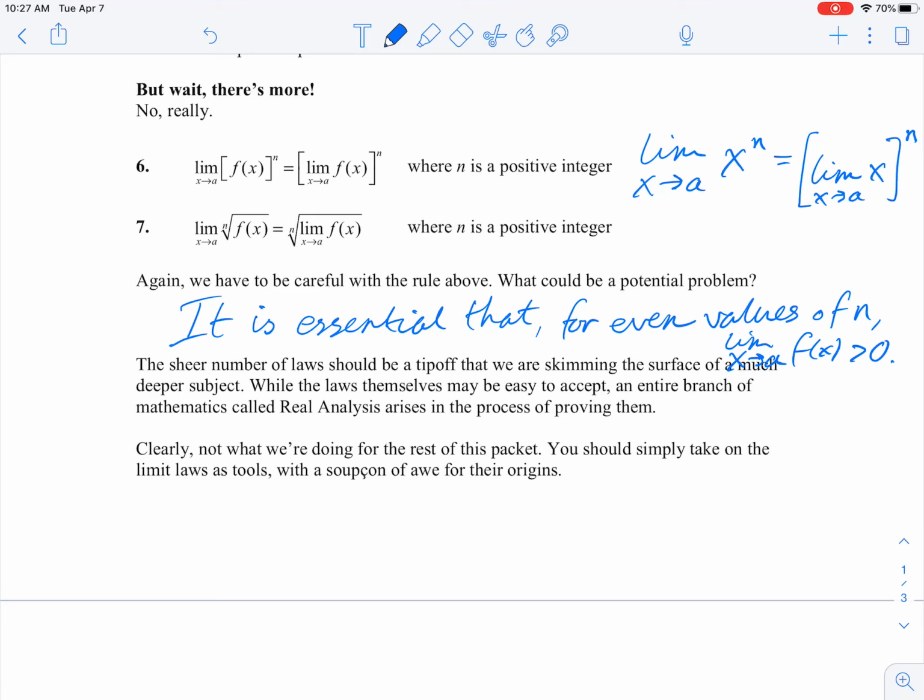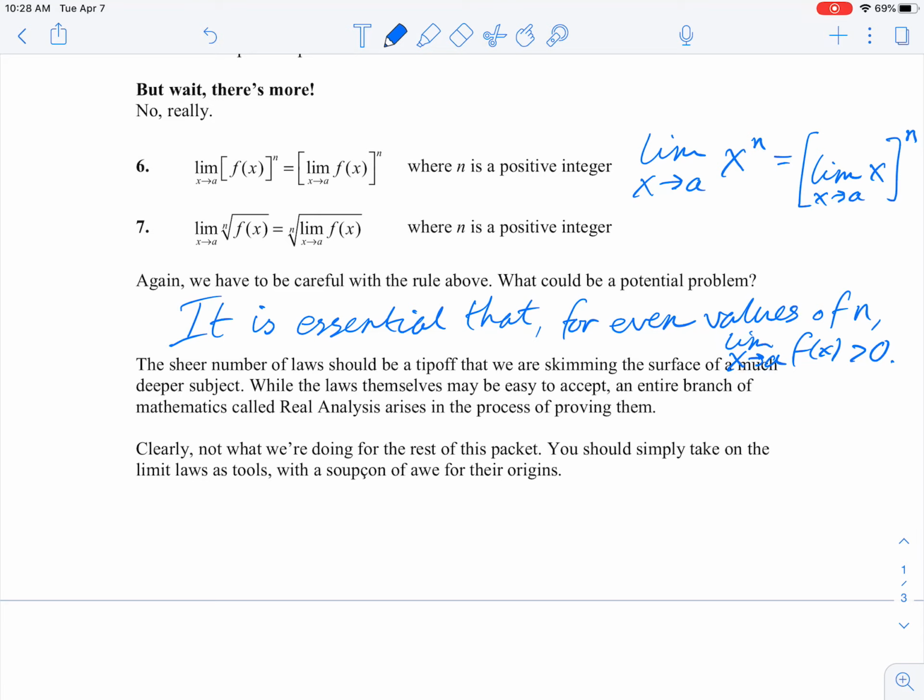All that's saying is that, say this was a square root or a fourth root, we will not deal with complex imaginary values. We wouldn't take the square root of a limit that was negative. This rule does not hold if that was to be the case.